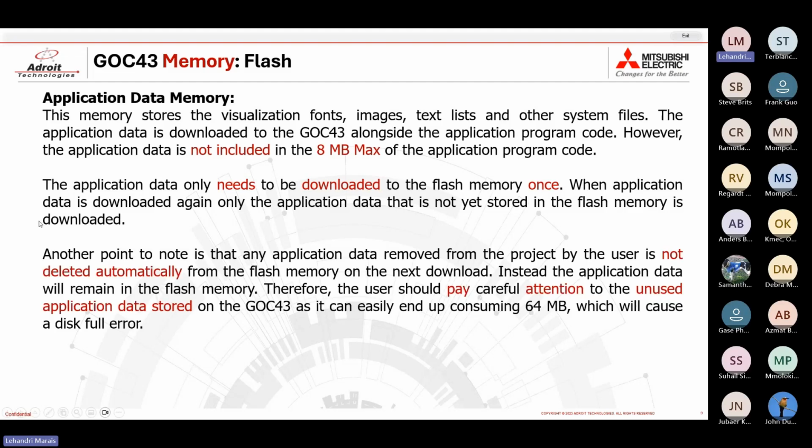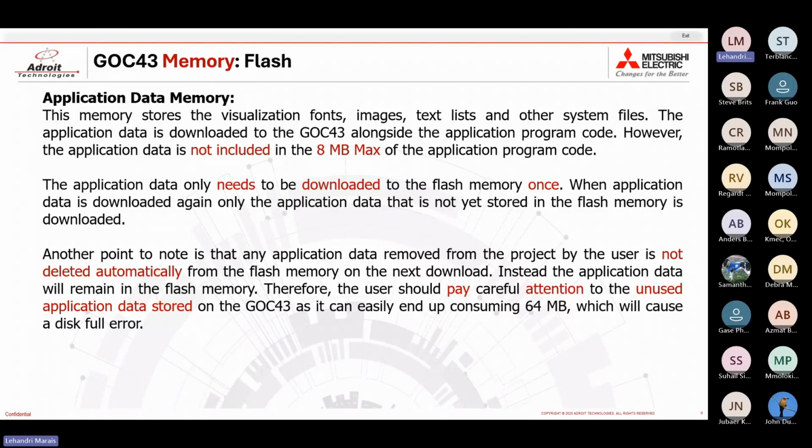Another important note is that the application data is not downloaded repeatedly, but also it is not deleted automatically, meaning that if you have deleted or removed any of the files or application data from your project and you re-download the entire project to your GOC, it will not be removed from the GOC's memory.